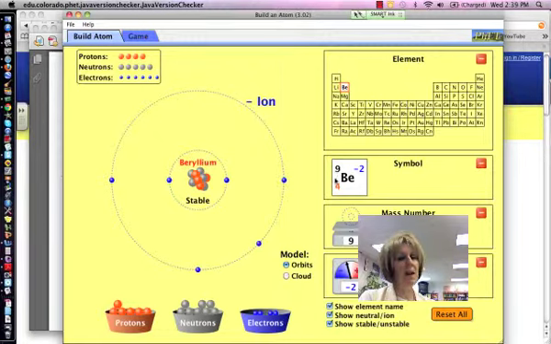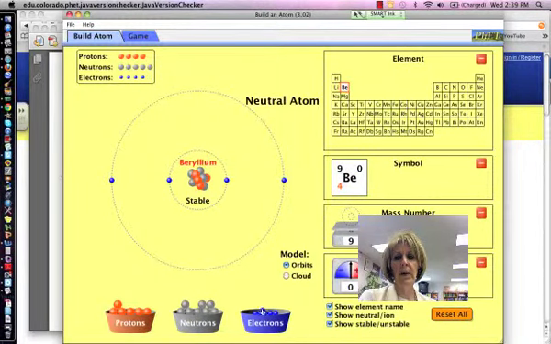Notice that my mass number has not changed because electrons basically don't weigh anything. Oops, I added one too many, didn't I? Way too many, there we go. There's my neutral atom. I added 4 electrons, which cancel the charge of the 4 positive protons. So that is an atom of beryllium.